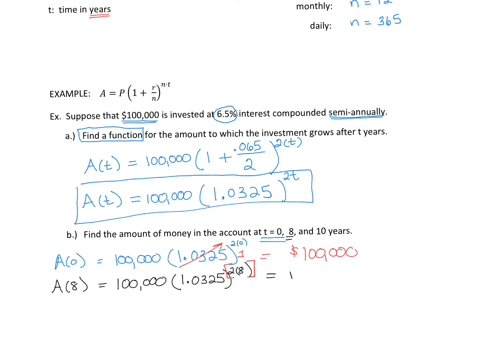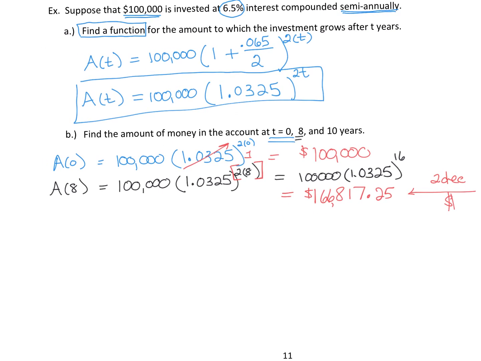I think that's a little bit easier. 1.0325 to the 16th. And in this case, we get $166,817.25. Keep in mind we're rounding to 2 decimal places because we're talking about money.